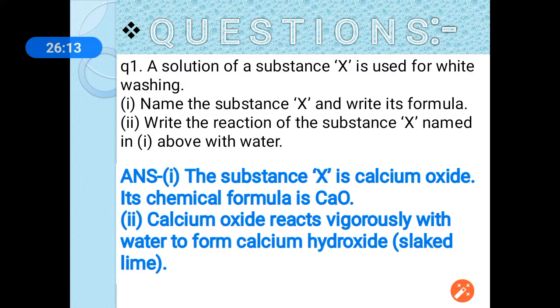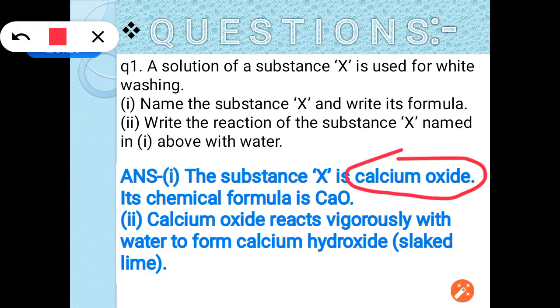So the substance X is calcium oxide, and the chemical formula for that is CaO.